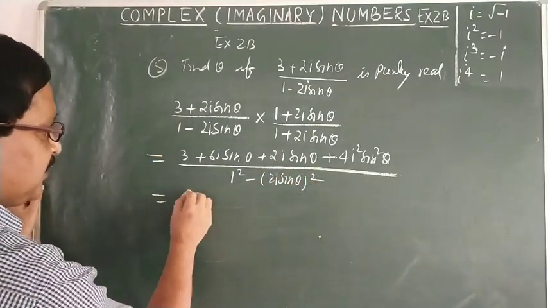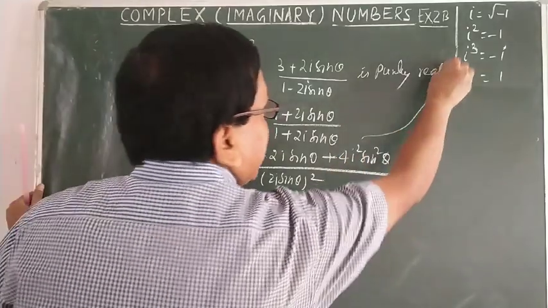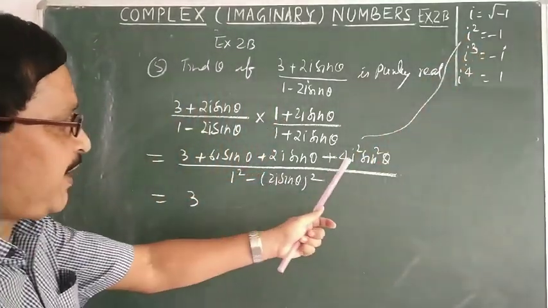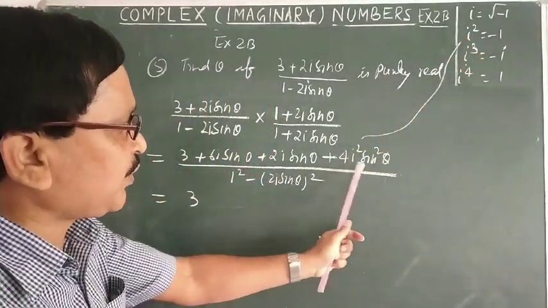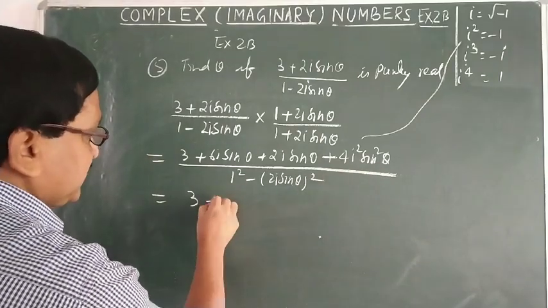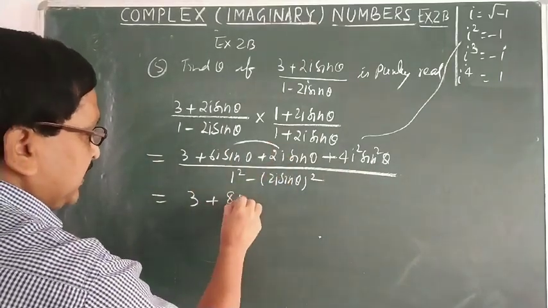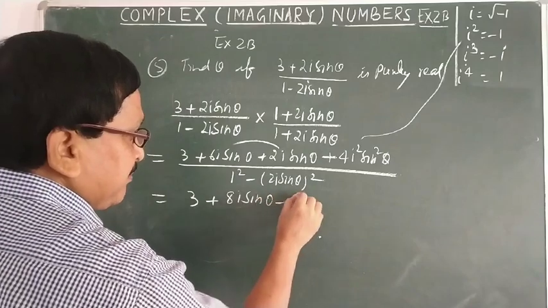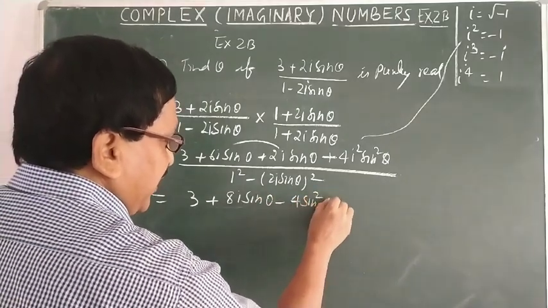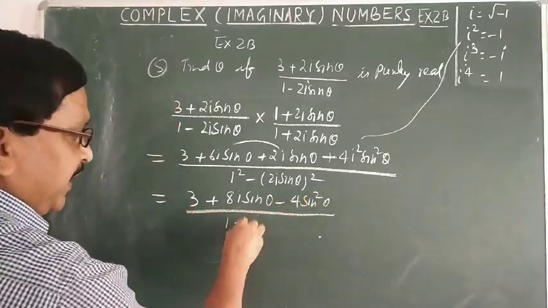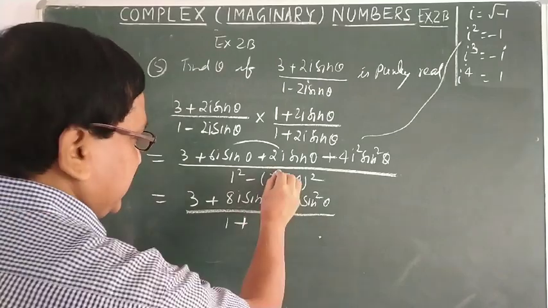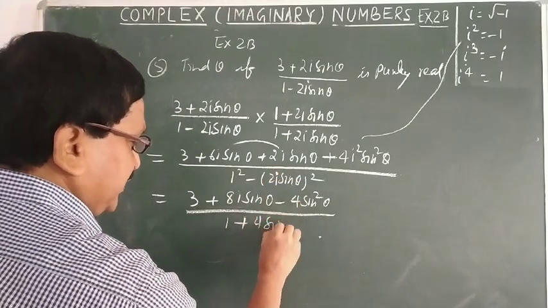Now this is your 3, and i square is minus 1, you know. So 3 minus 4 sin square theta plus 8i sin theta, by 1 plus, due to i square being minus 1, 4 sin square theta.